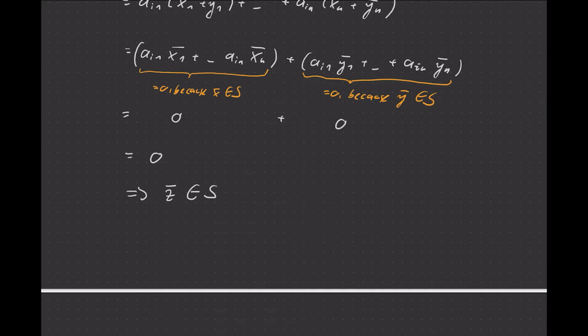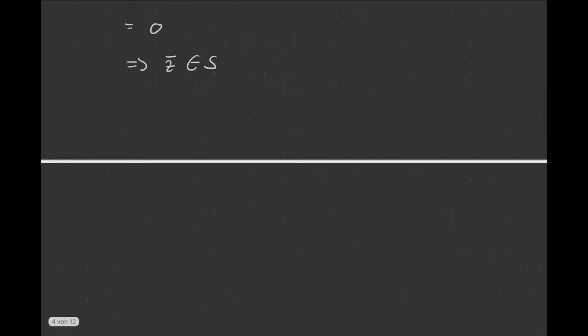And what remains is to prove the third property, closeness with respect to scalar multiplication. So that's part 3. Closeness with respect to scalar multiplication.